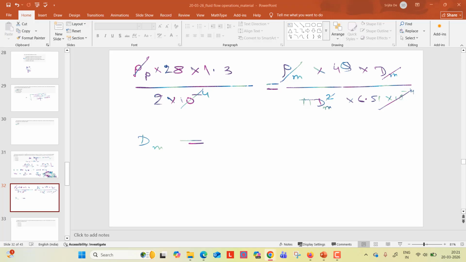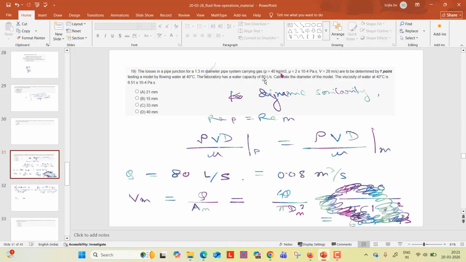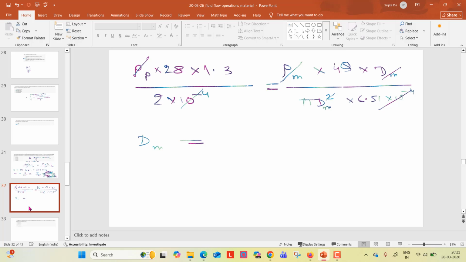I have missed this part. So the rho in the pipe system carrying is 40 kg per meter cube, but at 40 degrees centigrade the density will also change, right? So what will be the density at 40 degrees centigrade of water? It is 992.2 kg per meter cube.